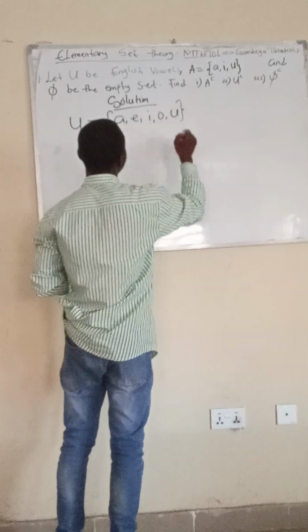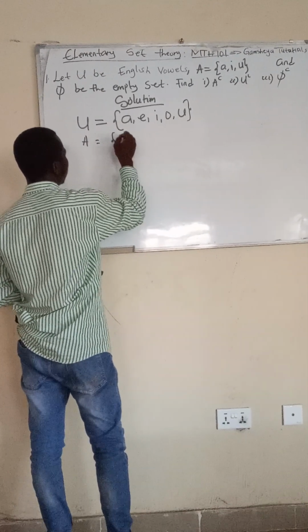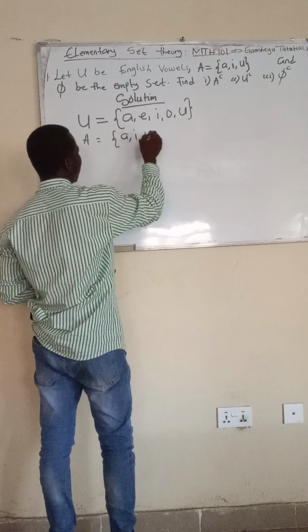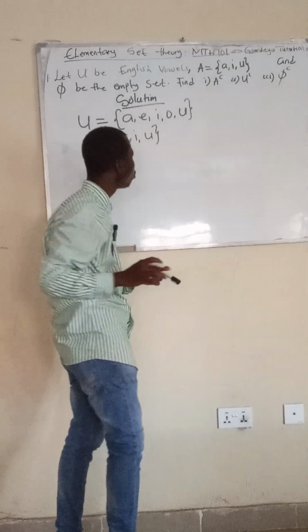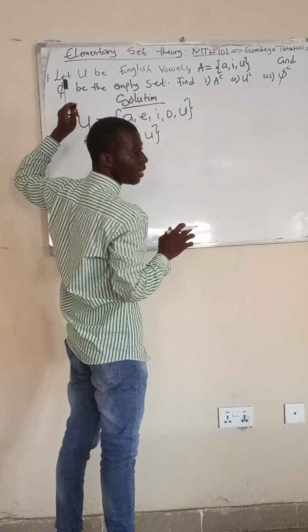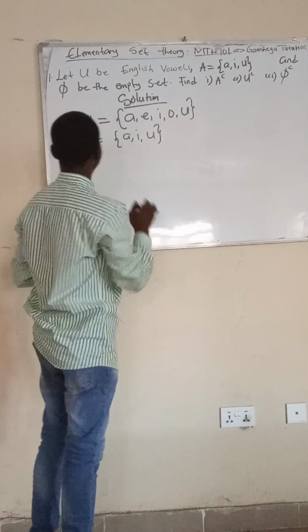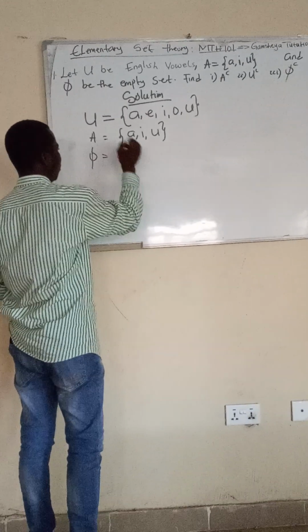So what next? We have our set A to be A, I, and U. And they said phi is an empty set.